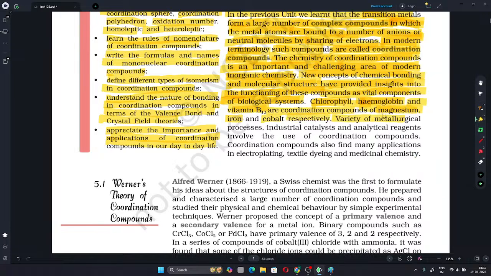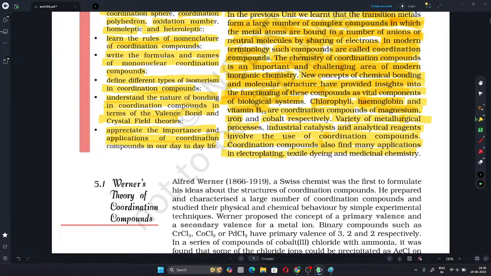A variety of metallurgical processes, industrial catalysts, and analytical reagents involve the use of coordination compounds. Coordination compounds also find many applications in electroplating, textile dyeing, and medical chemistry. Let's read this again.